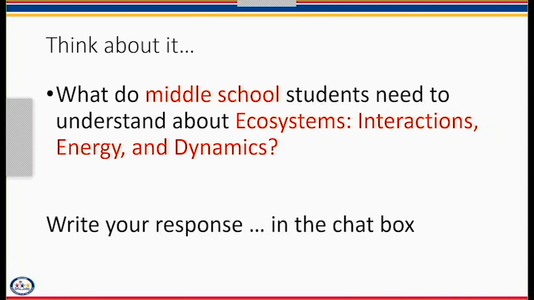And those of you that are secondary, help out our elementary teachers here, and let's give everyone some ideas of what middle school students need to know and understand about ecosystems, interactions, energies, and dynamics. When they finish a unit with this kind of topic, what knowledge are they going to have when they are done? So that core idea, what are they going to know at the end?